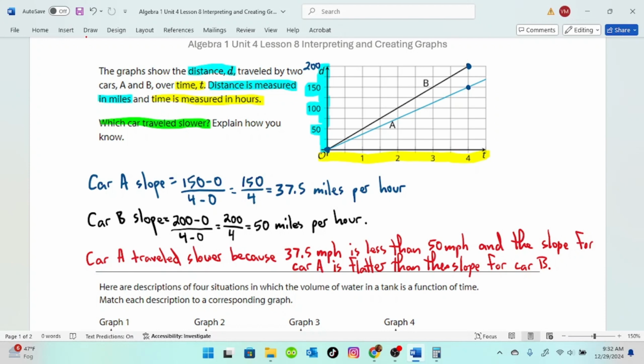The steeper that line is, the faster the rate of change, or the higher the slope. So either method will lead you to the correct answer.